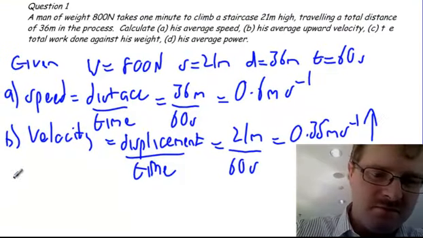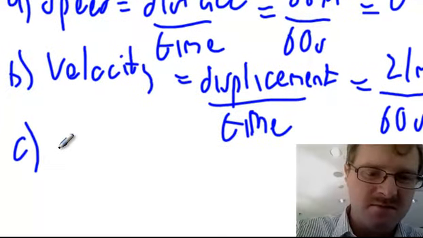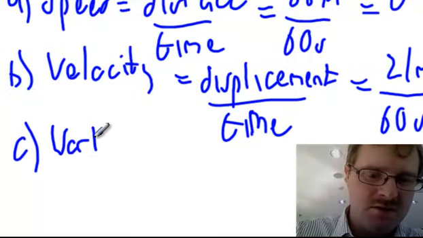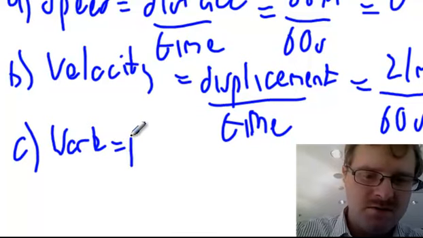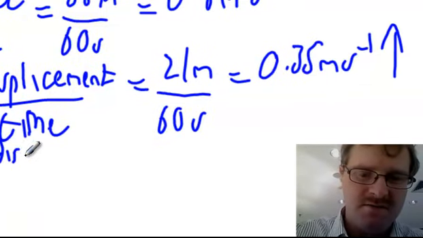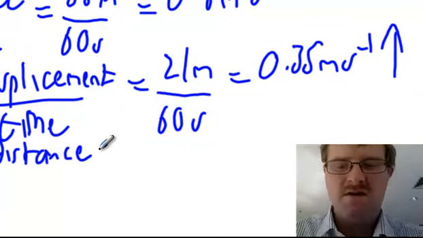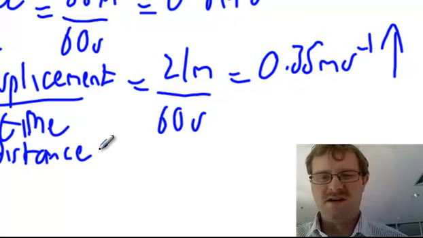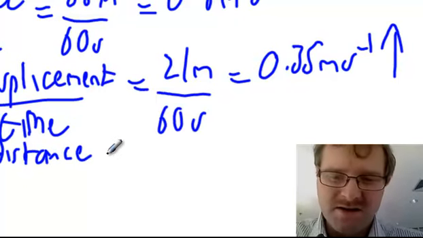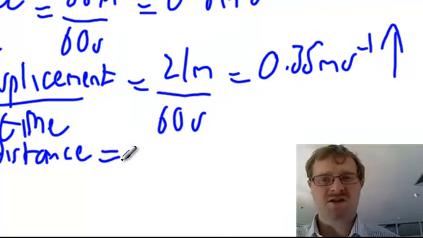Work done. Well, work done is going to be force times distance. So work equals force times distance. But the thing I've got to emphasize here is we've got the distance which we're talking about in the direction against the force.